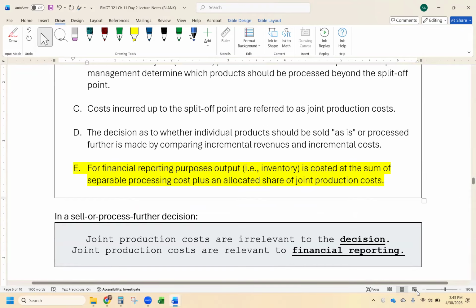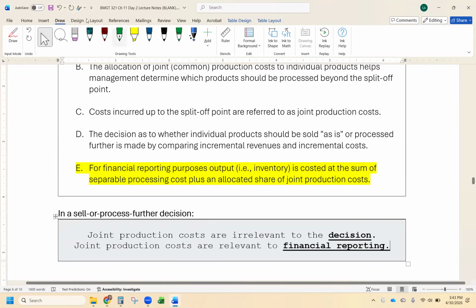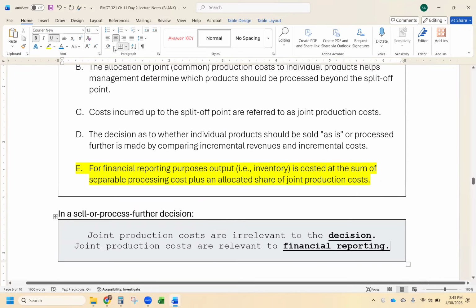And you can see it here in this gray box down at the bottom. And the difference is that B is asking about joint production costs for decision making, and E is asking about joint production costs for financial reporting.